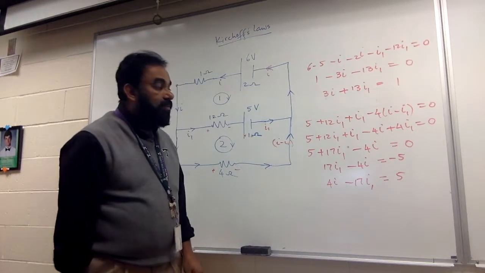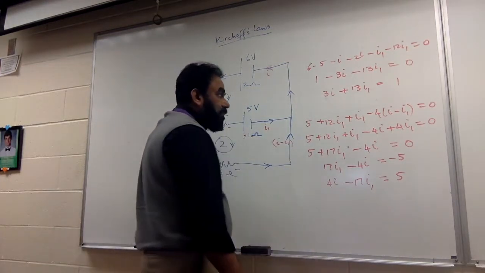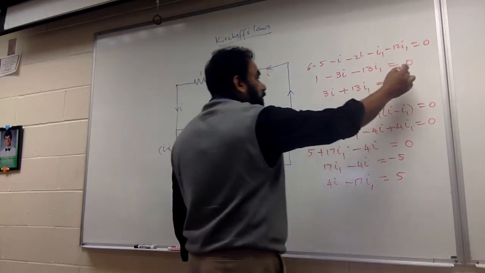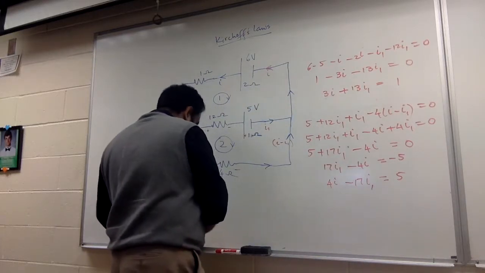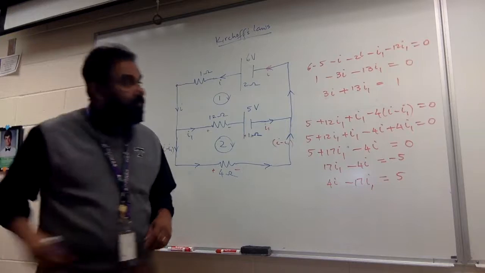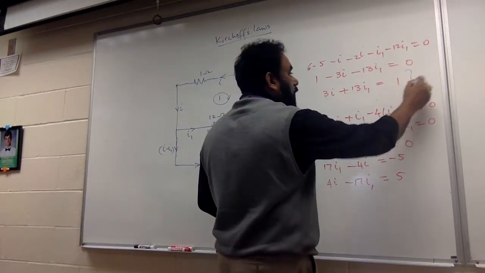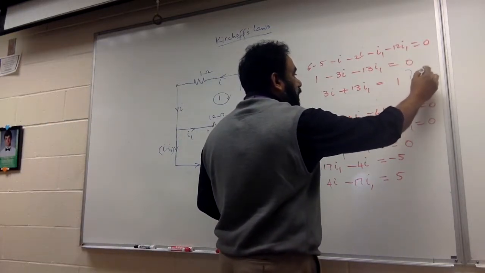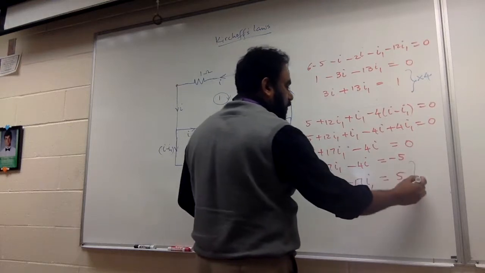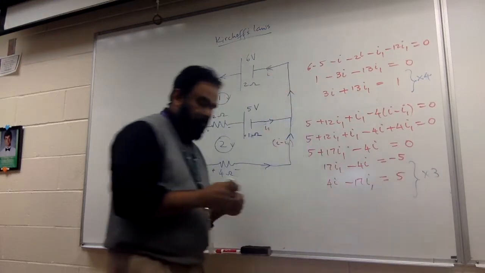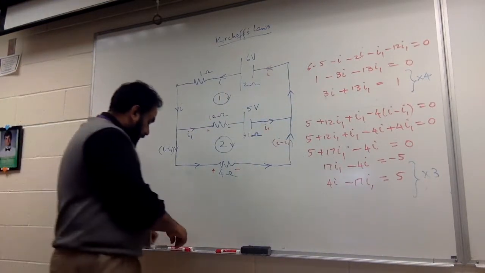Now what you can do to put them together: if you multiply this equation with 4 and this equation with 3, the end result is this.